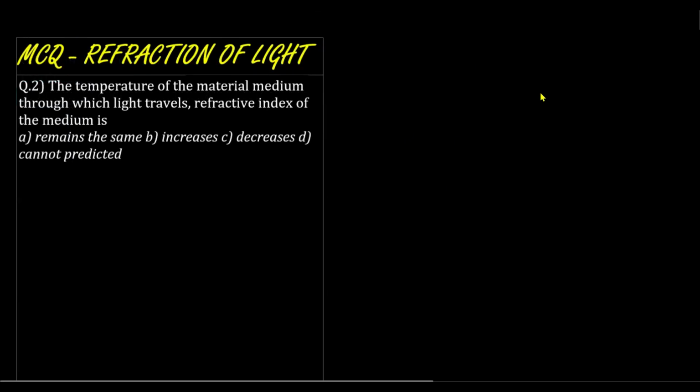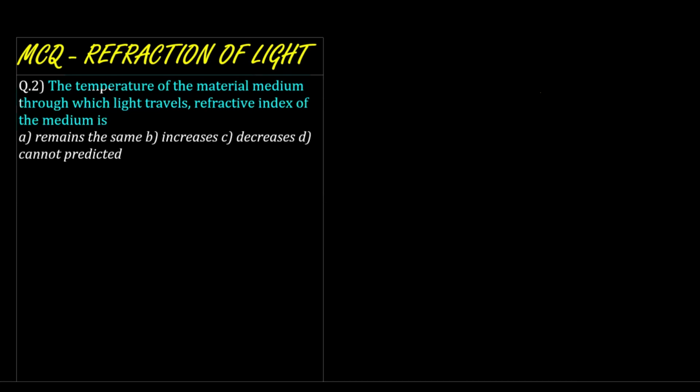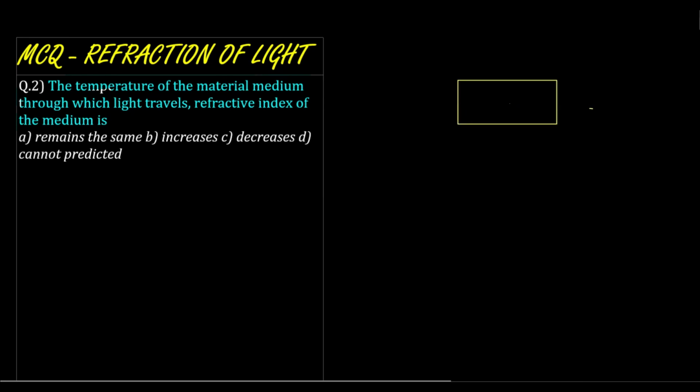Let's do the next. In the next question, it says the temperature of the material medium through which the light travels, the refractive index of the medium, right? So let's say I take one small portion, and let's say this is a hotter region.